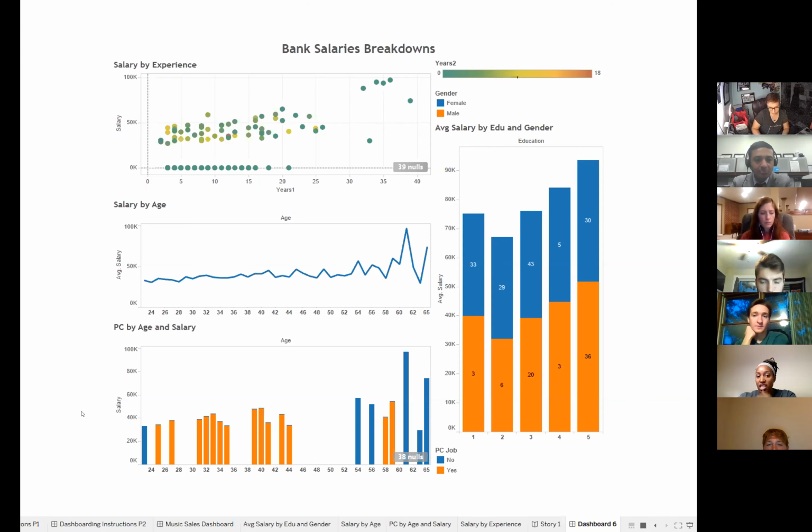As you can see, a lot of the PC jobs are shown in the 30 to 45 range, but they still have an average salary around 40, 45. You still have older employees who are making more money. And when you are an older employee with a lot of experience, it doesn't seem to matter whether you have a PC job or not.